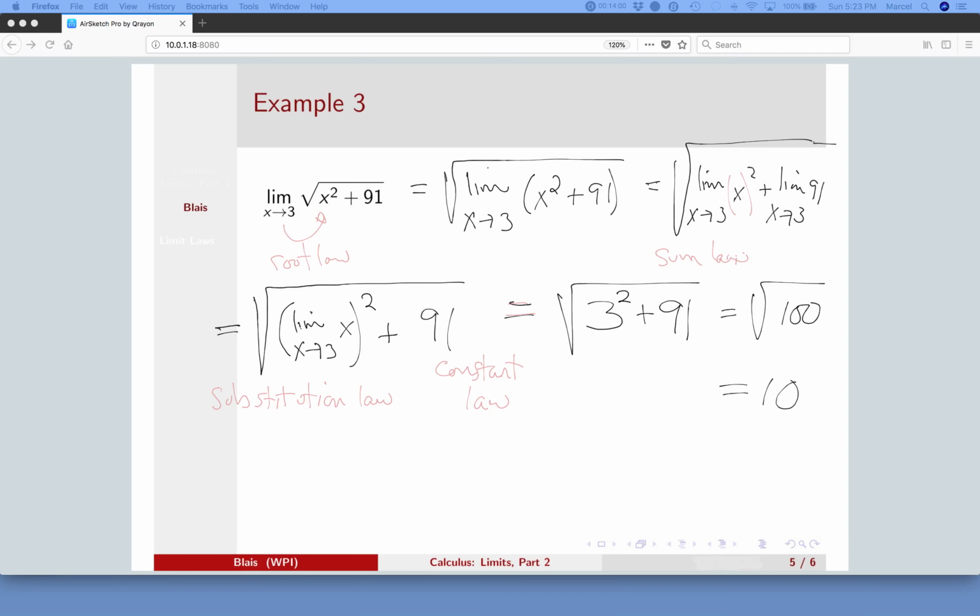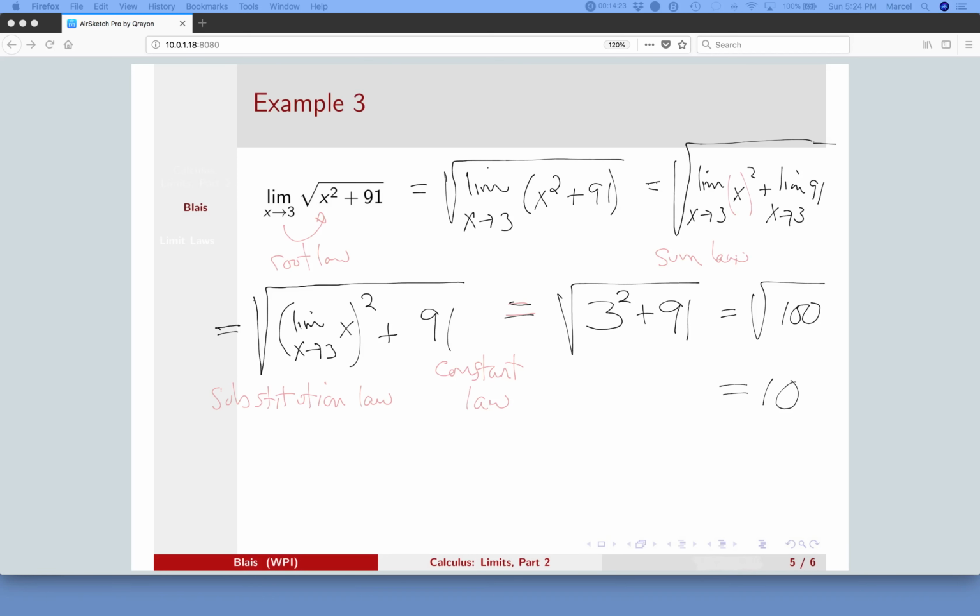And again, this is an explicit solution where we show what limit laws we're using. But remember, the shortcut for this is what people often call direct evaluation. If you just took 3 and plugged it in for x, you'd get the square root of 100, or 10.